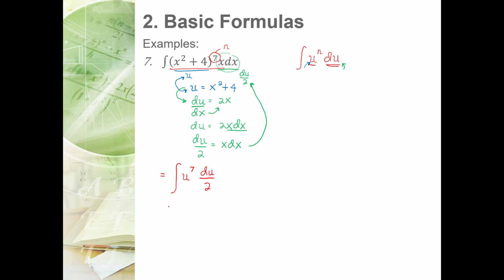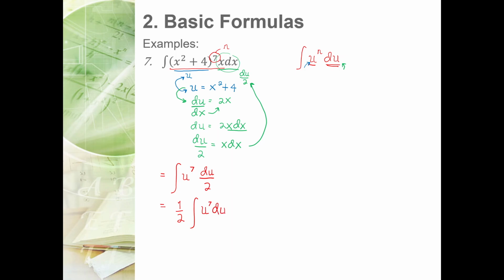So again, the u parameter earlier, I think you can see the labels. That's u to the power of 7. Then this one is du all over 2. So take the constant outside the equation, take 1/2 outside the equation. So your equation becomes simpler.